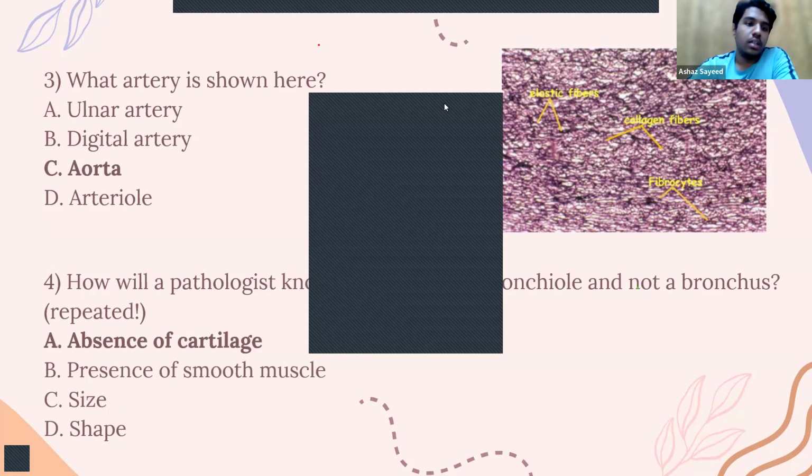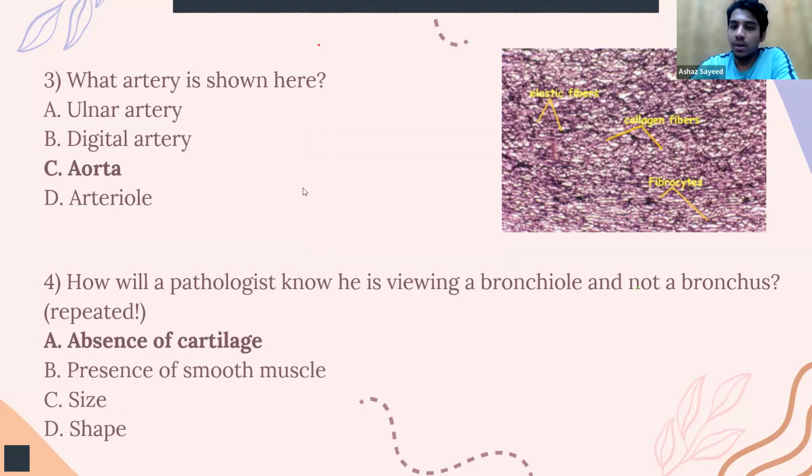The artery shown here is the aorta because you can see a lot of black lines intertwining with the pink lines. So it's a lot of elastic fibers within a lot of smooth muscle cells. And how will a pathologist know he's viewing a bronchiole and not a bronchus? This point has been repeated in previous year questions. Absence of cartilage. Bronchi have cartilage, bronchioles don't. Remember this.